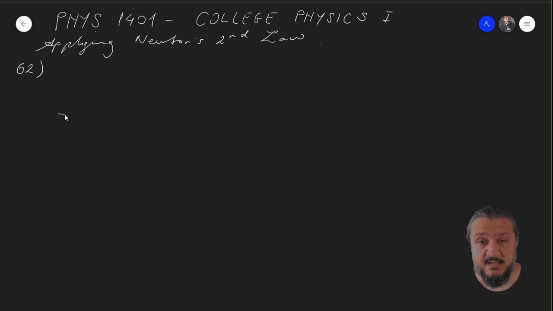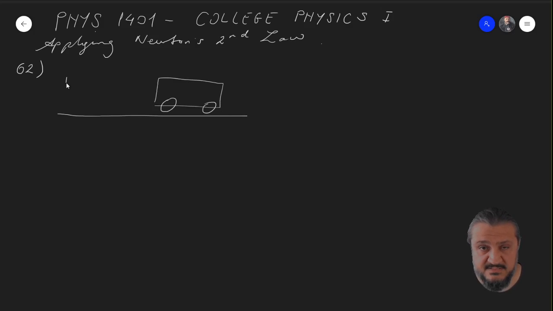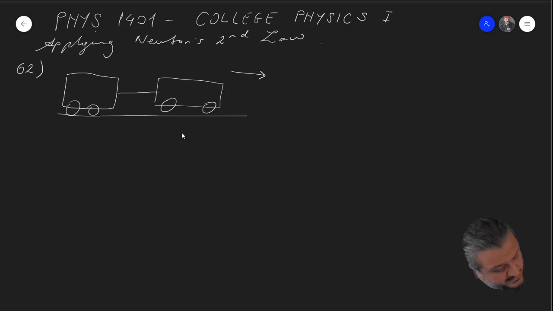So we have a track and we have the locomotive, and there is this car attached to it. And it's going, let's say, in this direction, and the masses are, let's call this M1, that's the caboose, which is 1 kilogram, and let M2 be the mass of the locomotive, and that's 2 kilograms.